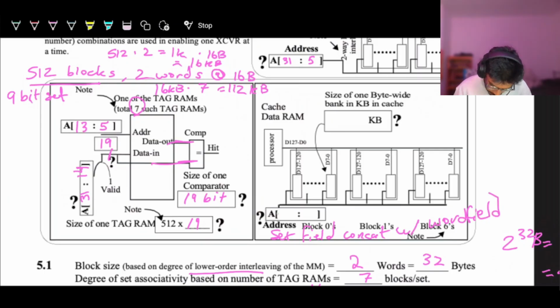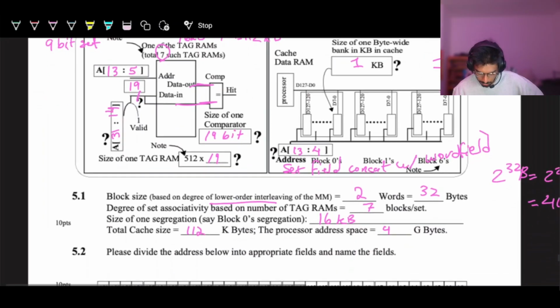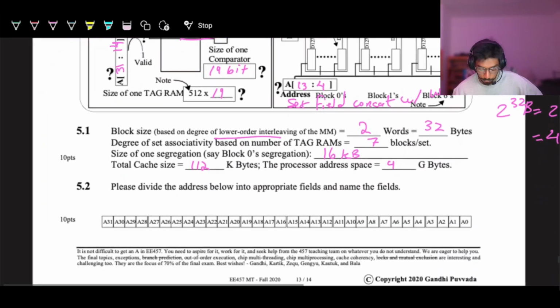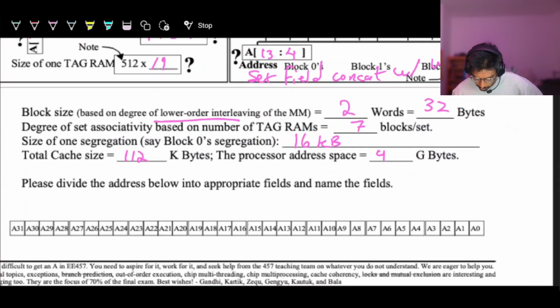And so that is wherever our set field starts, so that's from 13, but we also have one word select, so that's 4. And then the size of this, so that's a 10-bit input, so 2 to the 10 is 1 KB, so the size of one byte wide bank is only 1 KB in our cache. So now we've done all of that. It should be pretty easy to now divide our address.